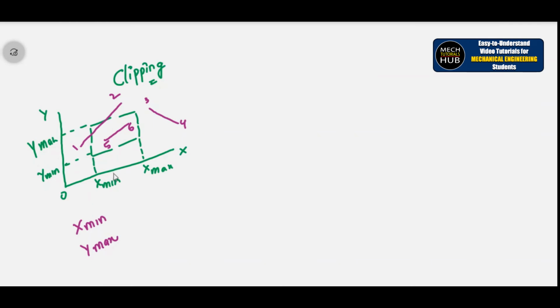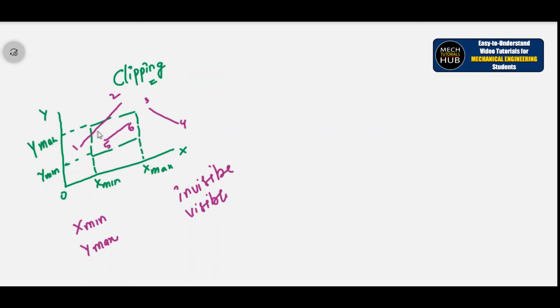Let me clear one thing first. Why do we do this clipping or windowing? It is to identify invisible and visible lines, that is, the visibility and invisibility of whatever entities you are going to draw on the monitor.